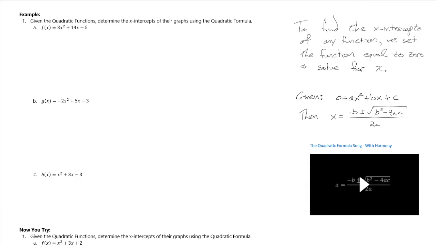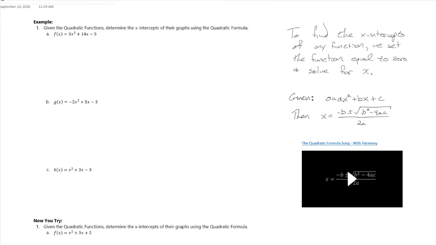And the reason that we set it equal to 0 is because the x-intercepts are where the graph crosses the x-axis. And if we're on the x-axis, the y values are 0. If we are crossing the x-axis, the y value of those points is going to be 0. So we know the y values are 0, so we can set the function equal to 0.